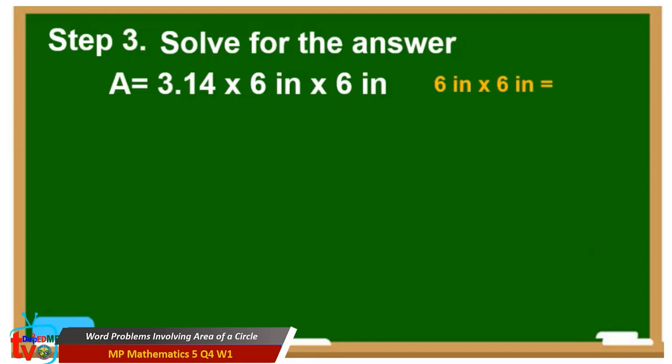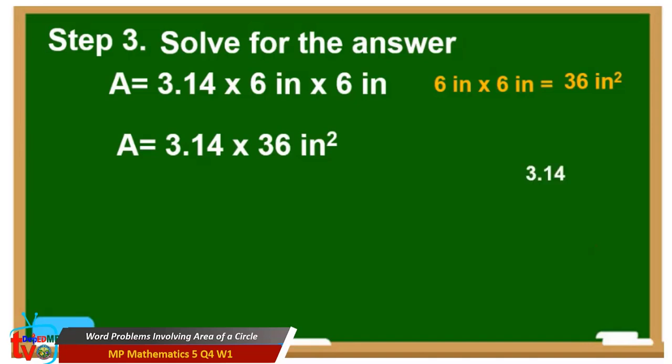Multiply first 6 inches times 6 inches. The answer is 36 square inches. Area equals 3.14 times 36 square inches. Multiply now 3.14 times 36.